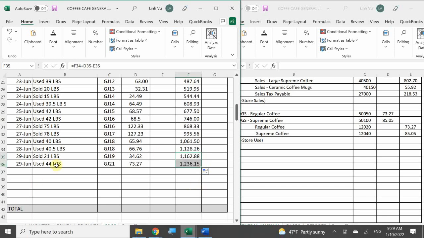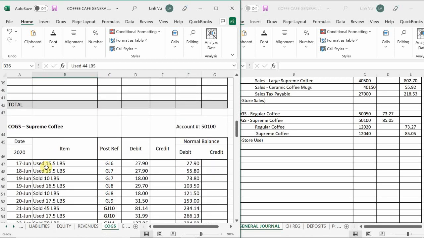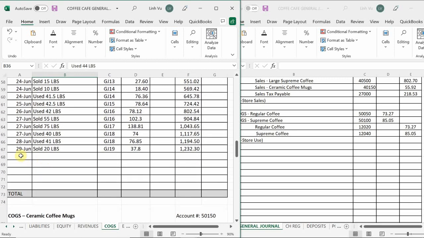Good. We used 45 pounds for 85.05. Ending balance 1317.35. Good.